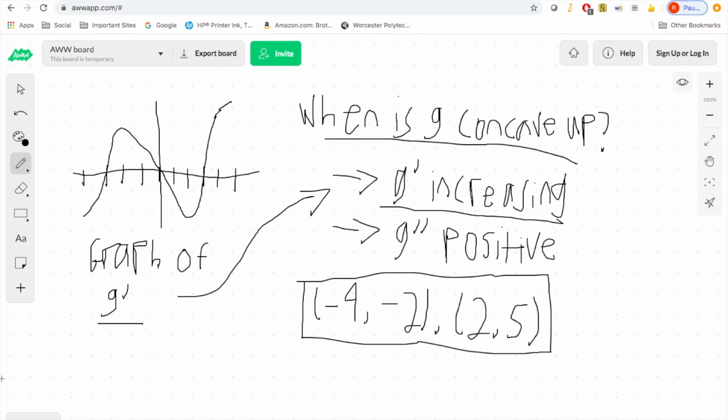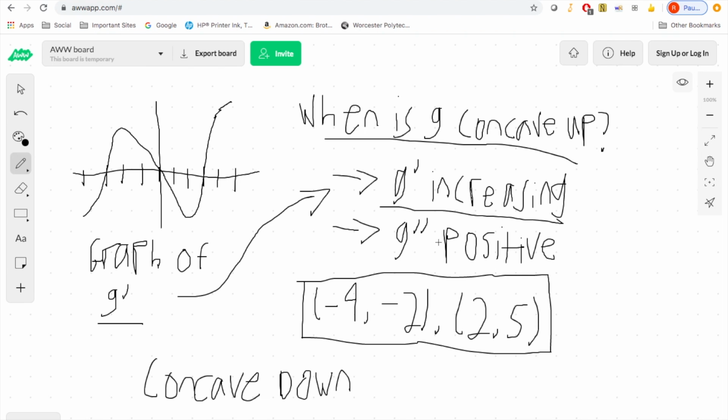We want to pay attention to whose graph we're given. If we're given G prime, we look for increasing intervals. If we are given G double prime, we look for positive intervals. And if the question were, where is G concave down? Just to give us an example of that, I'm going to write it in here. G is going to be concave down, like I said, where G prime is decreasing and where G double prime is negative.